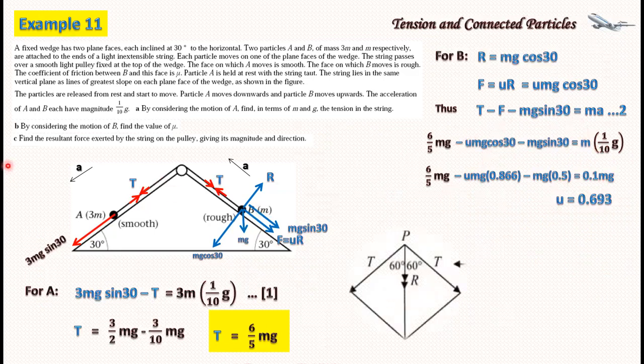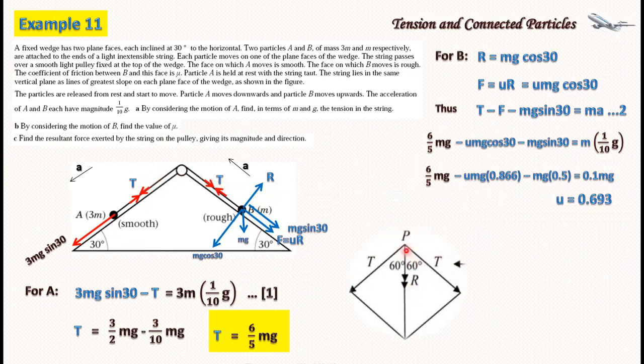And next, for C, to find the resultant force exerted by the string on the pulley. So the pulley is at this point P, and the forces on this point P, we have this T on the left and T on the right. And since these angles are both 30 degrees, it means that the force exerted by tension on the left is equal to the force exerted by tension on the right.